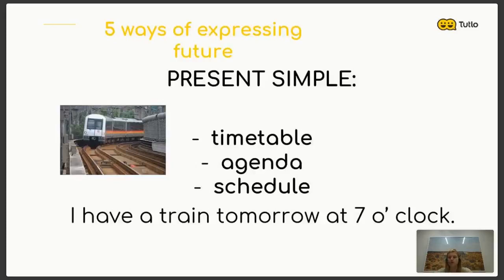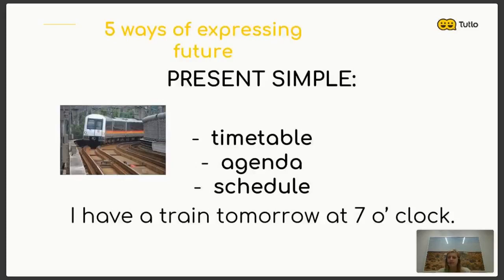Can you write down your ideas in the chat box, please? Timetable, agenda, and schedule. What does it mean? Can I ask you to write down your ideas in the chat box, please?